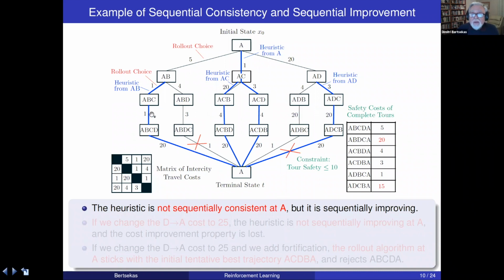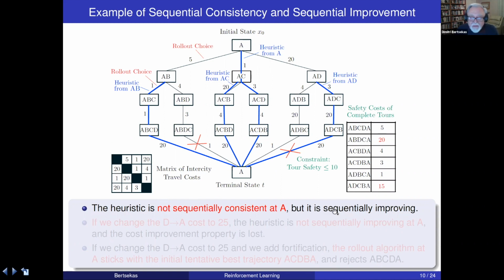And it turns out that this is true for A, and it's true for A, B, C, and A, B, and AD trivially. Why? Because this tour here has a cost of 27, whereas the base heuristic has a cost of 28. So the sequential improvement condition is satisfied at A, and it's also satisfied at the other nodes fairly trivially because of the simple structure of the graph here.